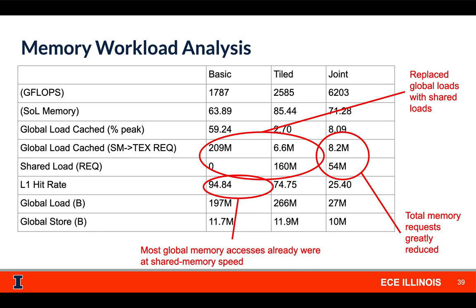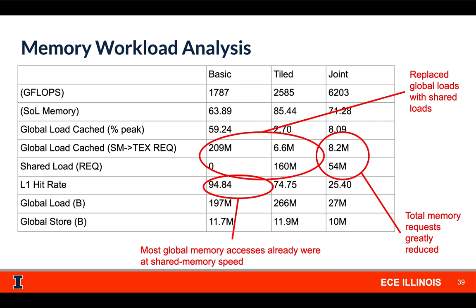And in the basic matrix multiplication, we're at 60% of peak. But you can see in the tiled and joint matrix multiplications, we're at a much smaller percentage of peak. And intuitively, that makes sense, right? Because the whole point of using shared memory or using this reuse is that we don't have as many demands on the global memory system.